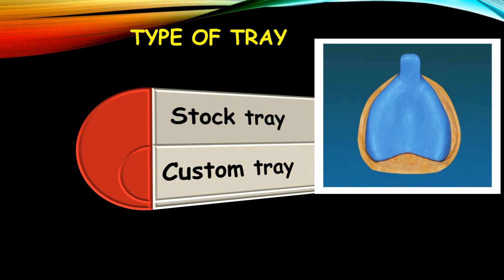Here the maxillary tray has been trimmed and finished, and the posterior extension ends at the vibrating line. Note the handle which projects from the tray at approximately the angulation of the natural central incisors. So these are stock tray and custom tray.